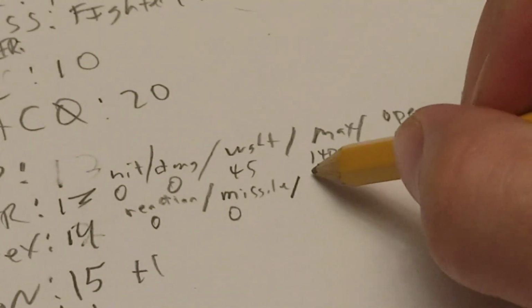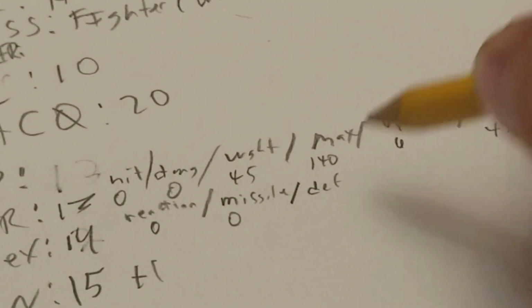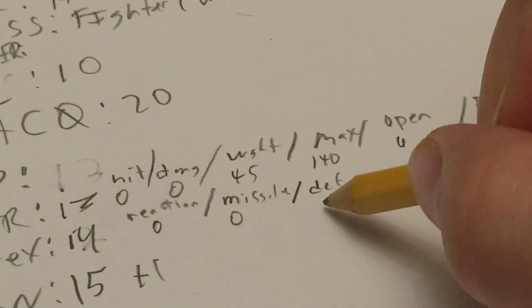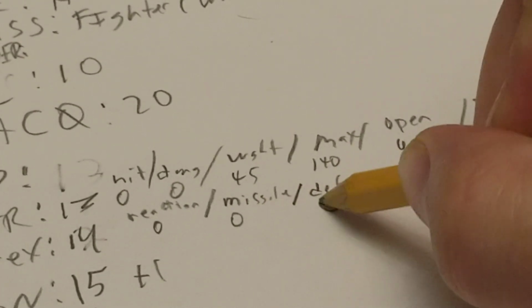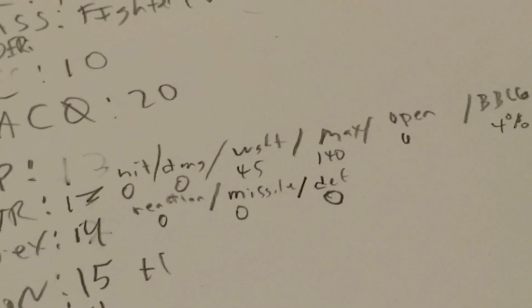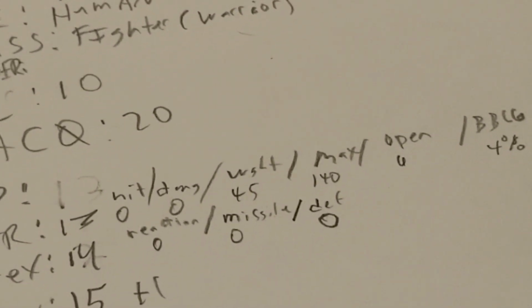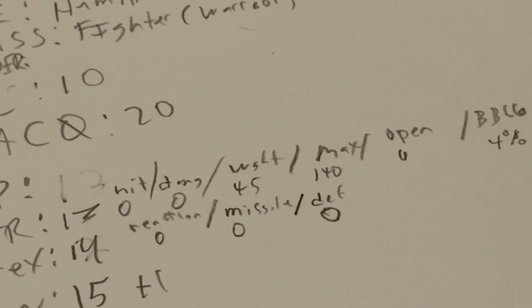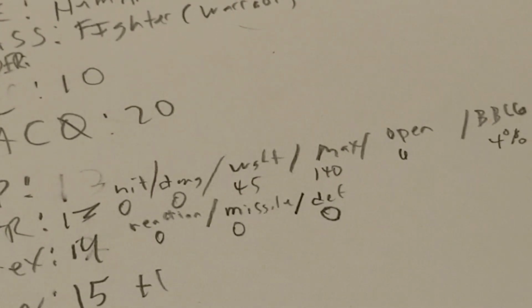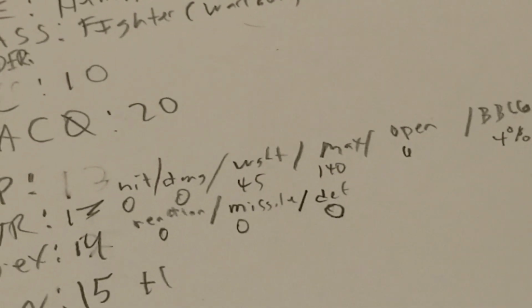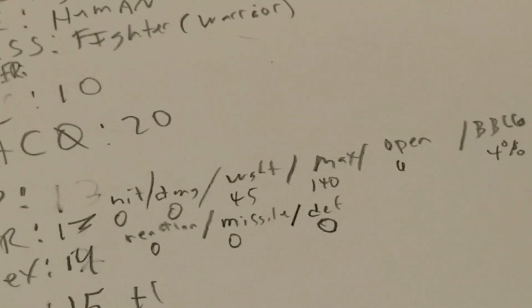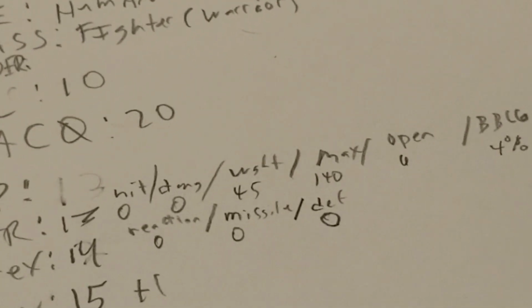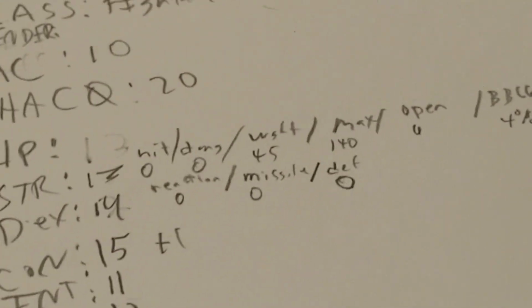So this is the defense adjustment to armor class. And for this, it's 0. But if it goes up 1 point, I get a +1. Okay? So there's no bonuses here, but there's also no negatives. All right? And a minus to your defense adjustment is what you want. So if you had a defense of 15, it'd be a -1 to your armor class. Unless you're wearing heavy armor.